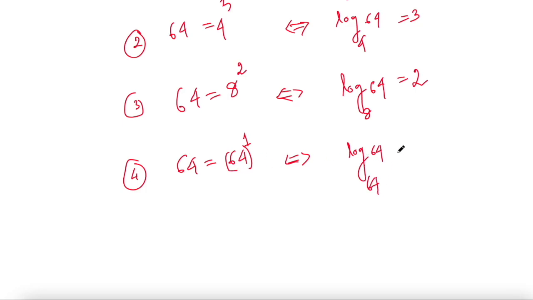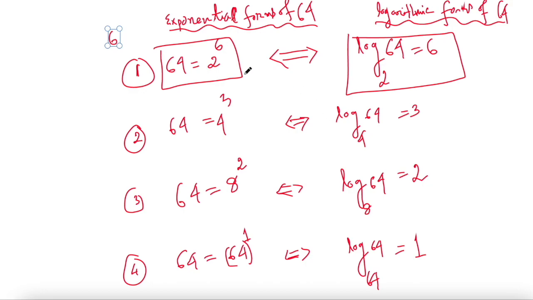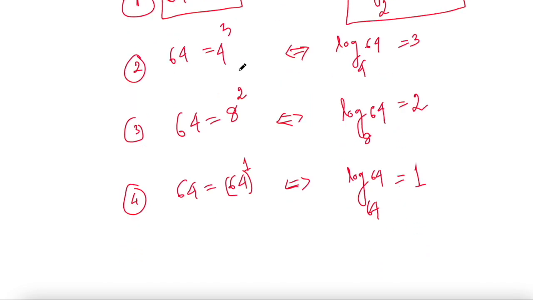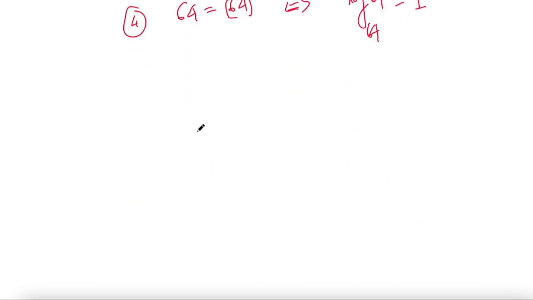Log 64 base 64 equal to 1. So from here we can easily understand the relationship between exponential form of 64 and logarithmic form of 64. Note that the two forms are equivalent relations. From the exponential form you can decide the logarithmic form, and at the same time from the logarithmic form you can decide the exponential form.